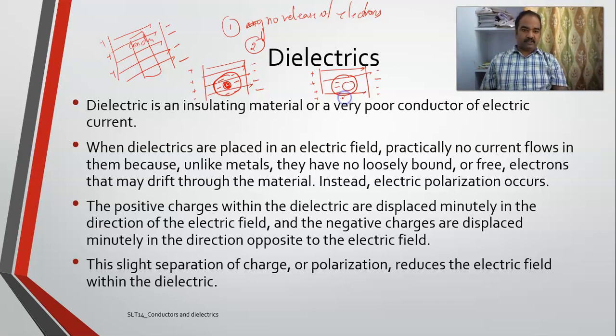This mechanism is called polarization, where the electrons are not coming out, but they develop a little charge on the two ends of the atom. So the developing of charges and reorienting them in the direction of the electric field is called polarization. All materials exhibit polarization.